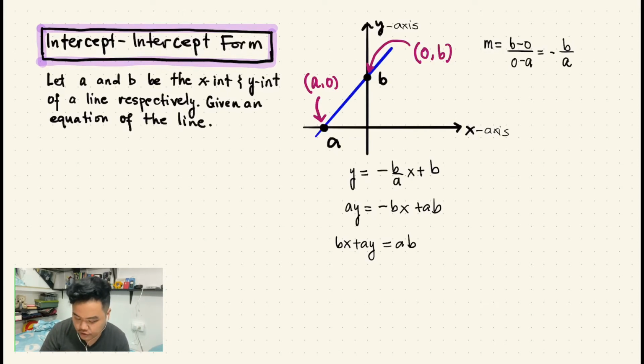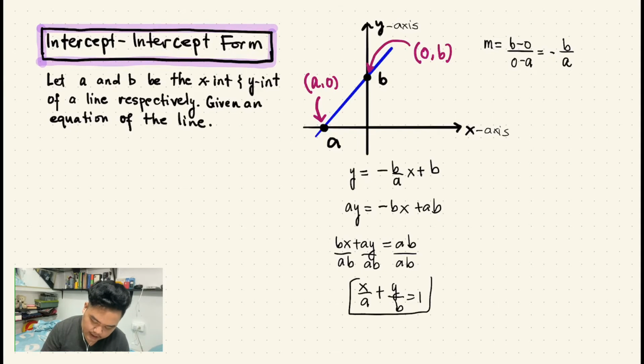Okay. So, assuming na hindi zero yung mga intercepts natin, divide both sides by ab. Lalabas, x over a plus y over b is equal to 1. At ito na yung tinatawag nating intercept-intercept form of a line.